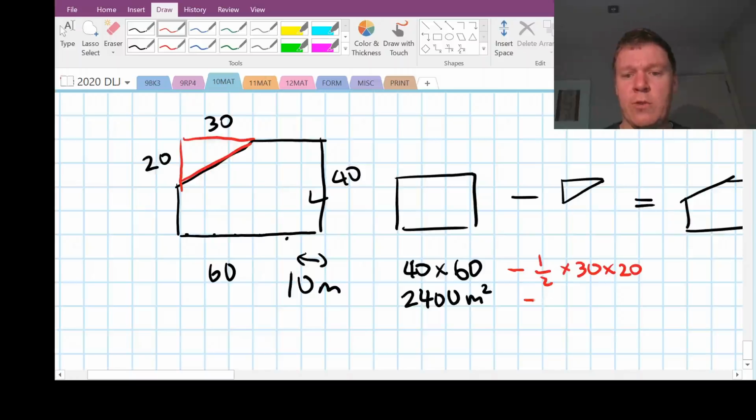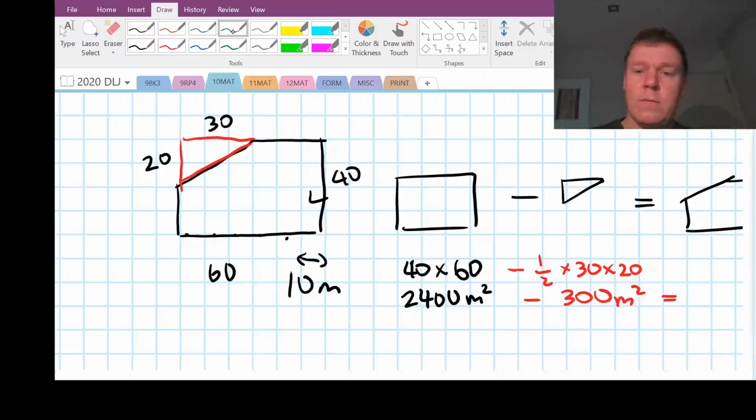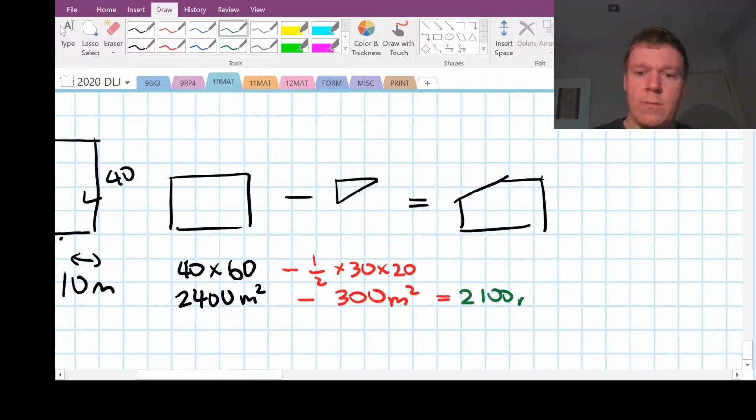So that's subtracting half of 20 is 10, so 30 times 10 is 300. So our final area of our triangle is 2100 meters squared.